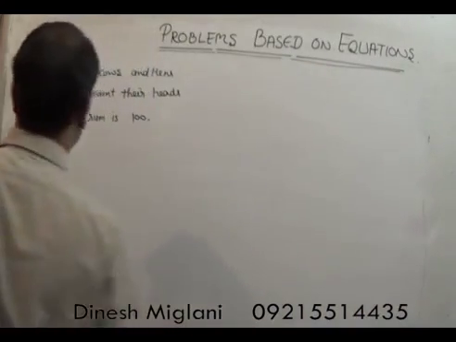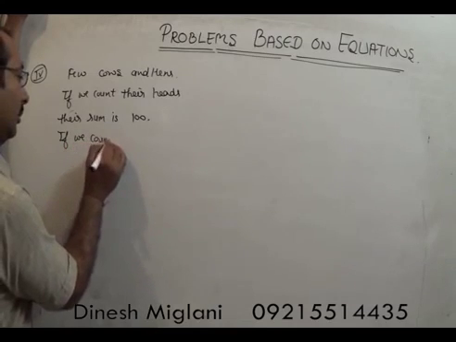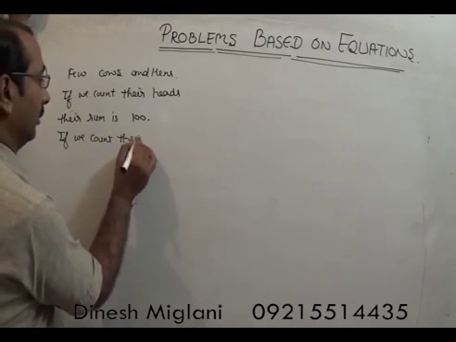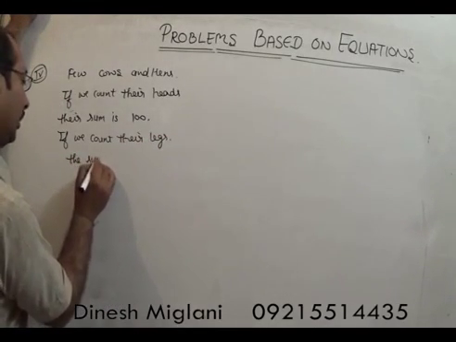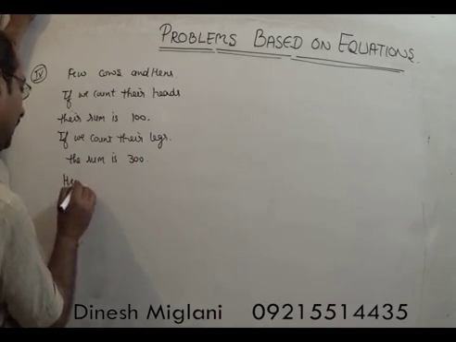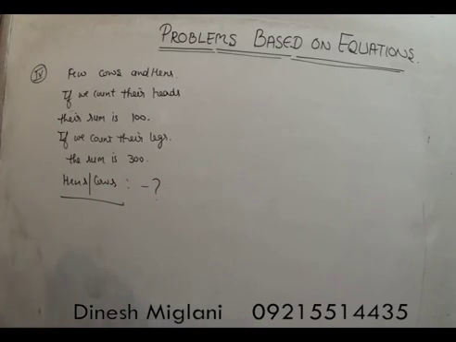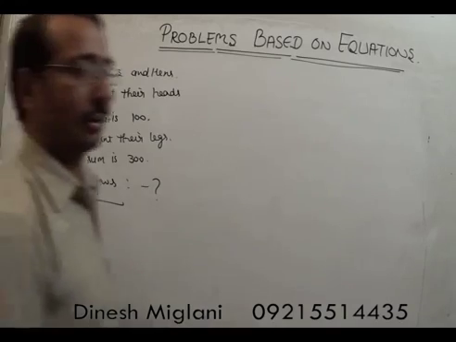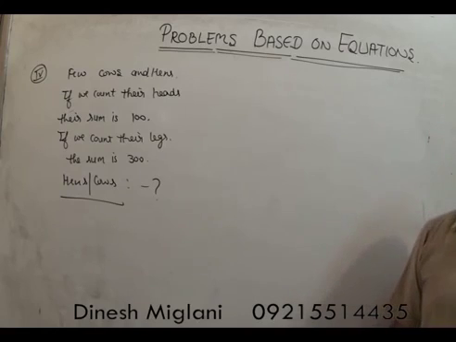Similarly, if we count their legs, the sum is 300. We have to find out how many hens and how many cows we have. When we count the heads, we get the sum to be 100. Similarly, when we count the legs, we get the sum to be 300. We have to find the number of hens and cows.